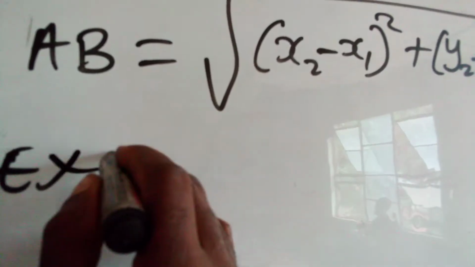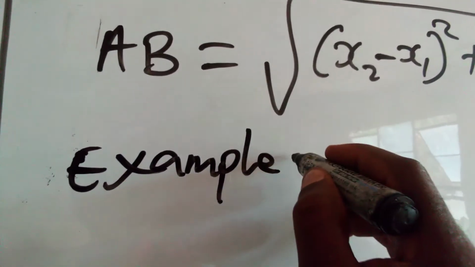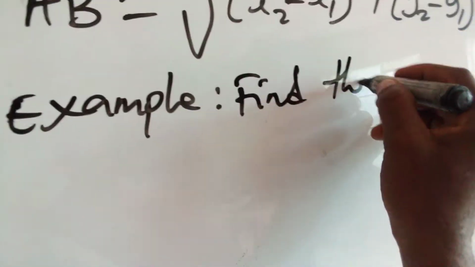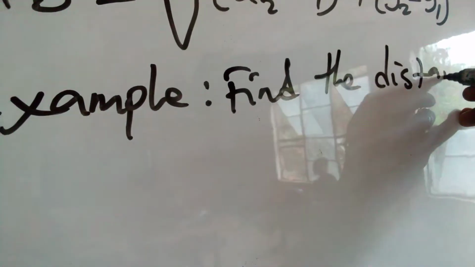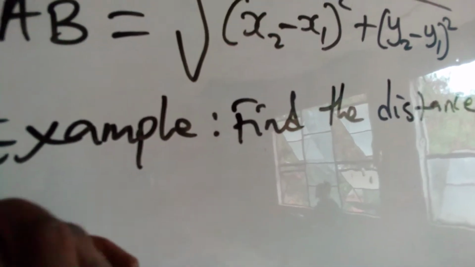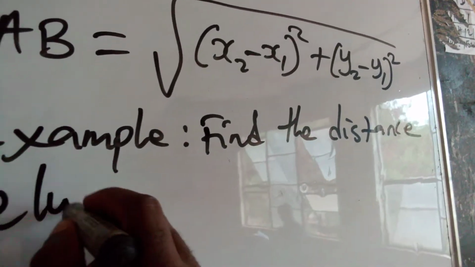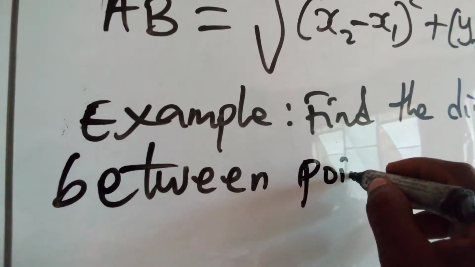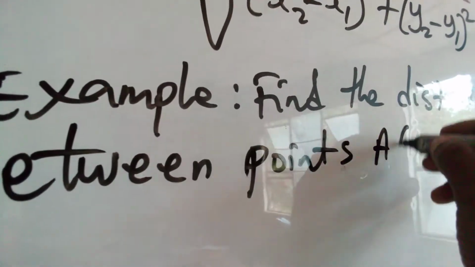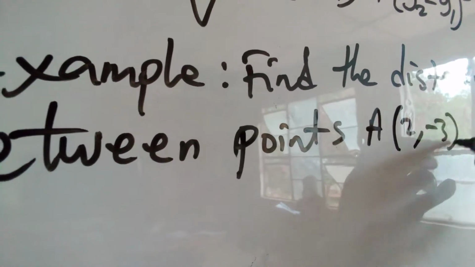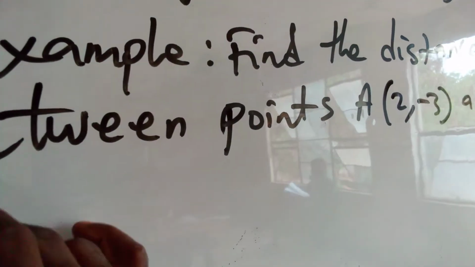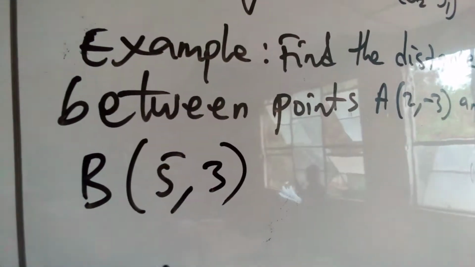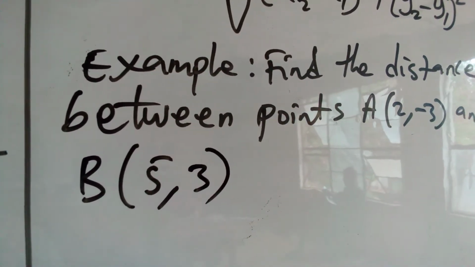Example. If you are asked to find the distance between points A, which is (2, -3), and point B, which is (5, 3), what will be your answer?